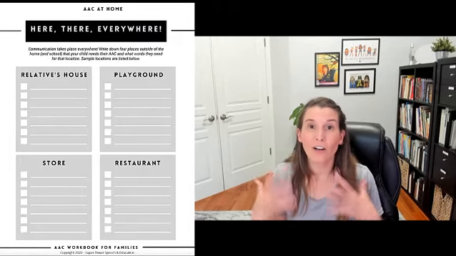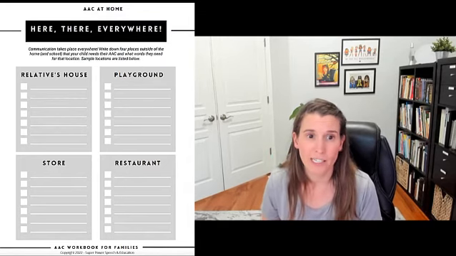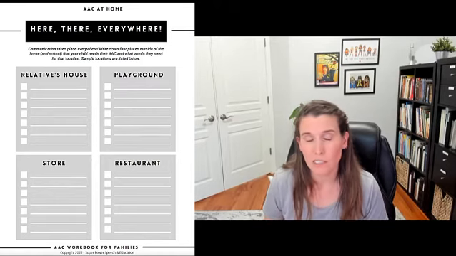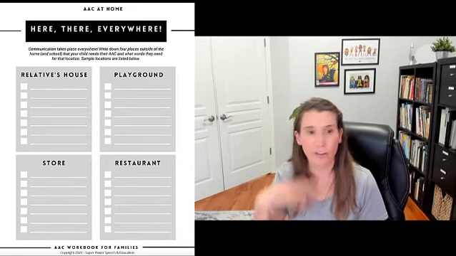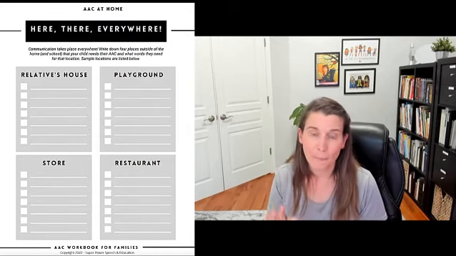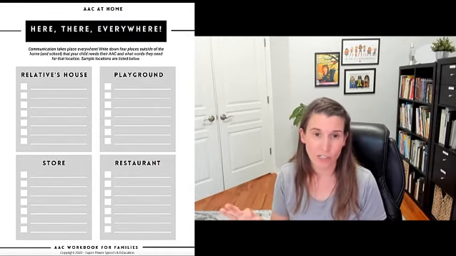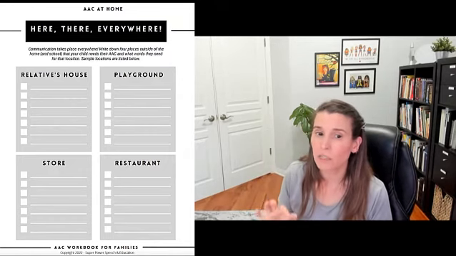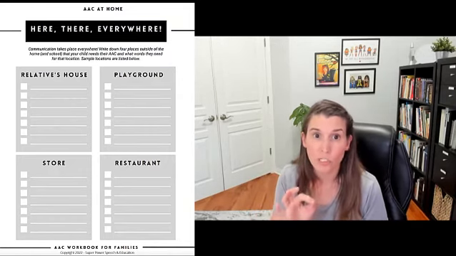And then finally, our last page of our AAC at home is about the fact that we want to be able to use our AAC system everywhere, here, there, everywhere, right? So some locations that you might be looking at regarding your child's AAC is, besides home, a relative's house, a playground, a restaurant, or a store.